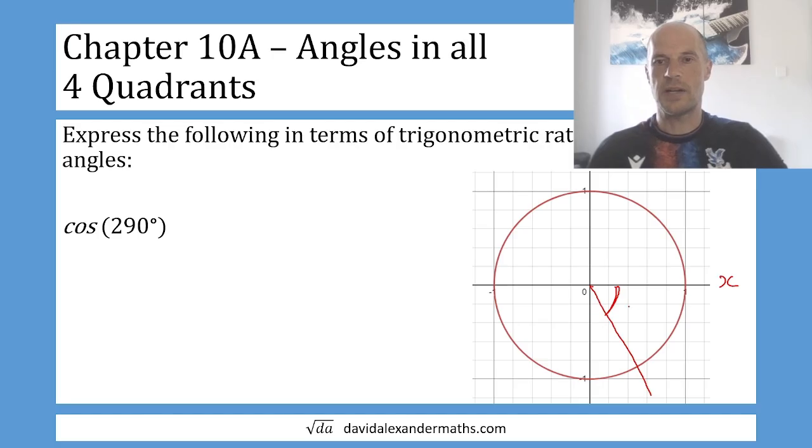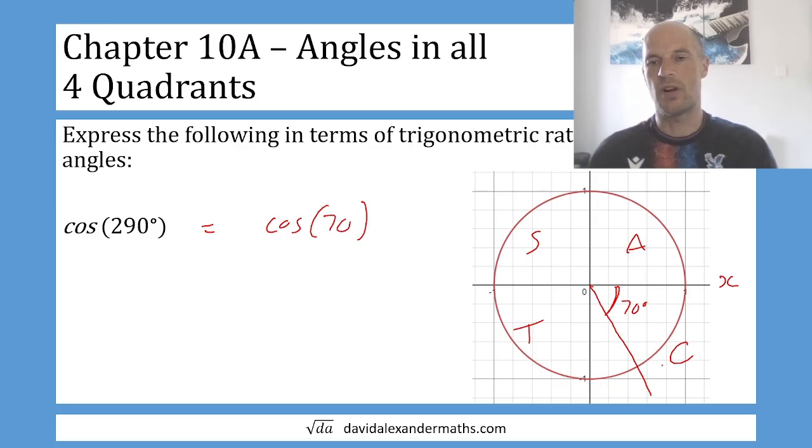So we know that this is 20 degrees, so this is 70 degrees. So the cos of 290 is the same as the cos of 70, but is it plus cos 70 or minus cos 70? Let's do our CAST diagram. C, A, S, T. This angle here is in the bottom right quadrant, which is the C quadrant, where cos is positive. So it's plus the cos of 70 and definitely not minus cos 70.